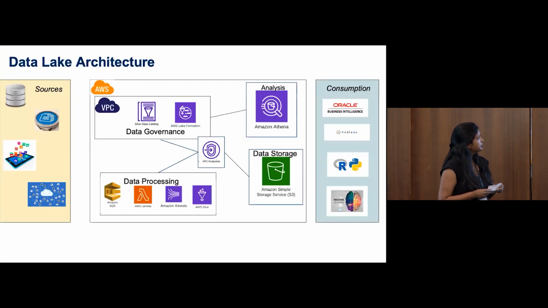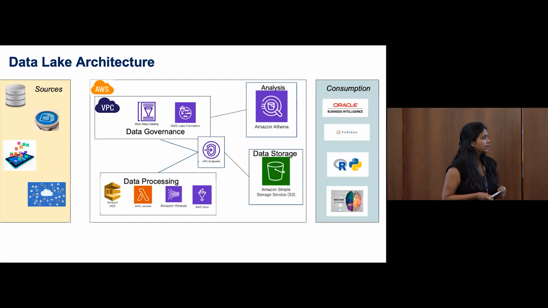Moving on to the next. When we started on AWS, there were multiple services out there. So we had to really pick and choose a few of them to enable us to stream the data in real time and to be able to stream large amounts of data and disparate types of data.